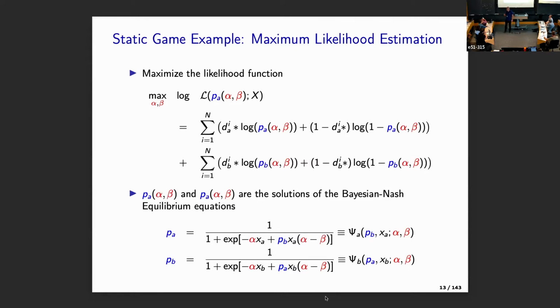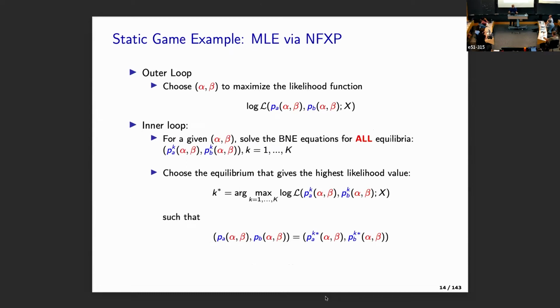So they are like implicit functions, just like we have the expected value function, or integrated value function, in the Harris-Sachar model as an implicit function of the parameters. These are going to be implicit functions of these parameters as well. So we just want to maximize this with respect to alpha and beta, and then see how that looks. You can do that with the nested fixed point algorithm.